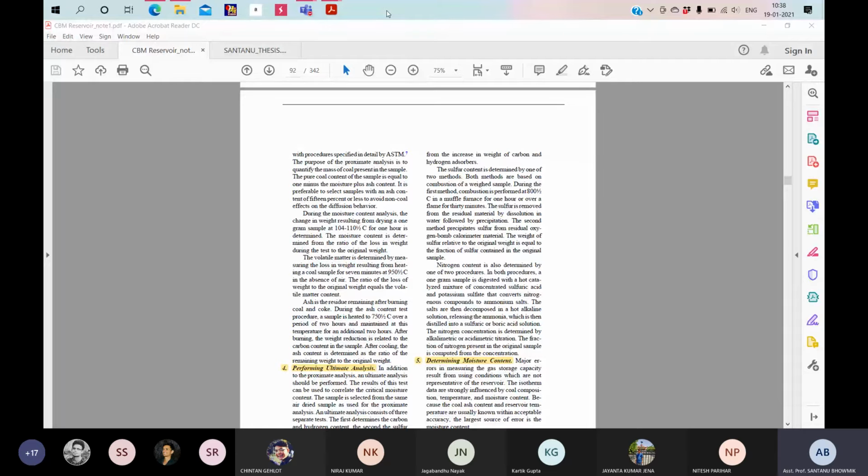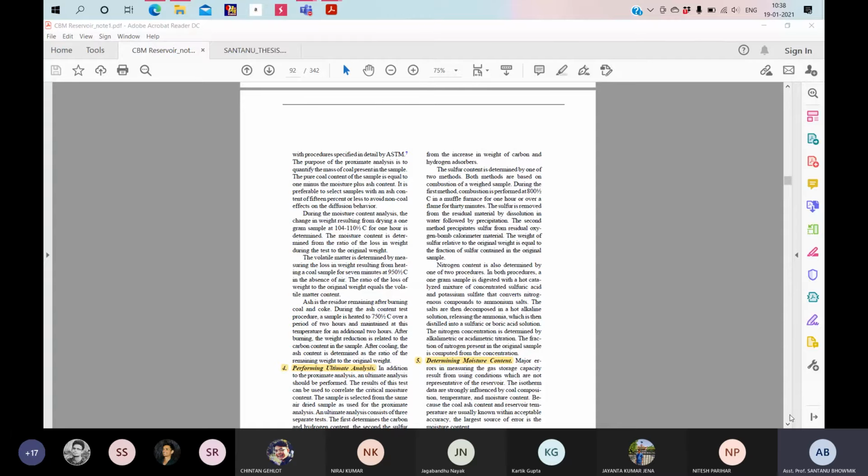If you know it, you can directly place the coal in a classification, whether medium volatile bituminous, anthracite, lignite, or peat range. So this petrographic analysis gives you a direct idea about the coal rank, and this is very essential for coal bed methane.